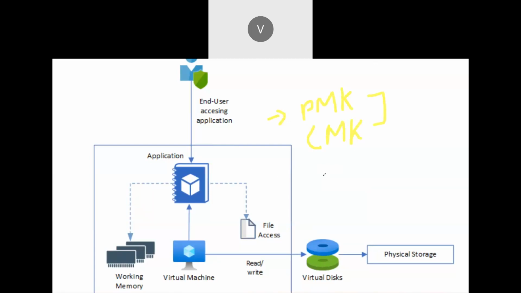Server-side means that when the data is being stored in the physical storage, the keys are used to encrypt the data.